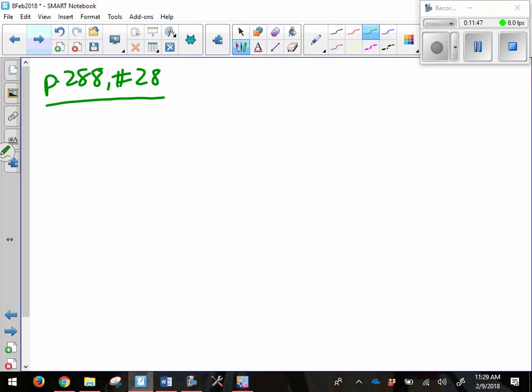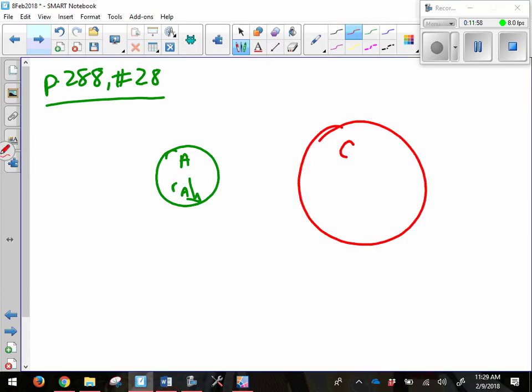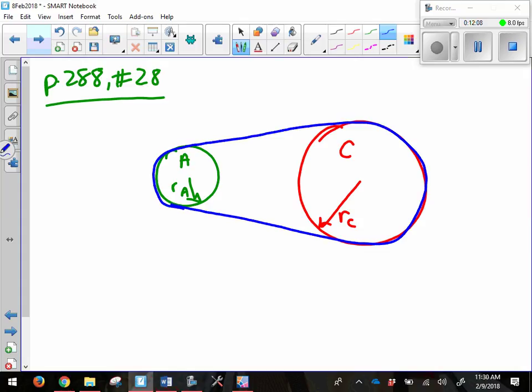Okay, so here's my wheel A with radius RA. Here's my wheel C with radius RC. And they're connected by a belt. I don't really know why the belt has to have a letter, because the belt isn't really going to do anything. I'm not going to refer to the belt. There's no R belt.